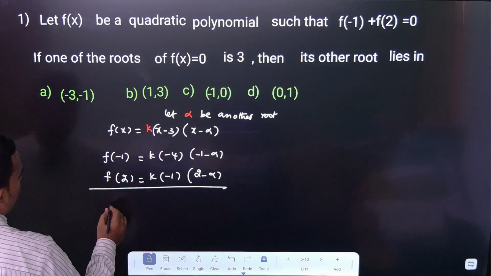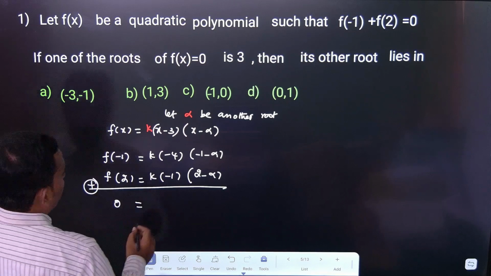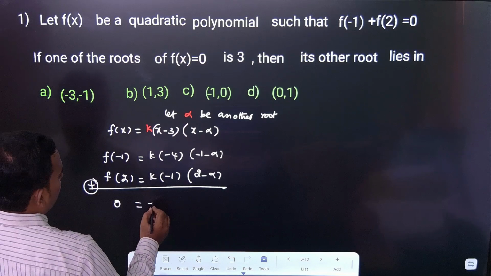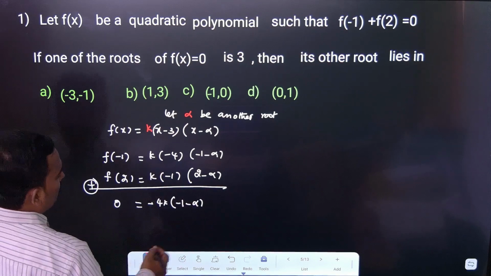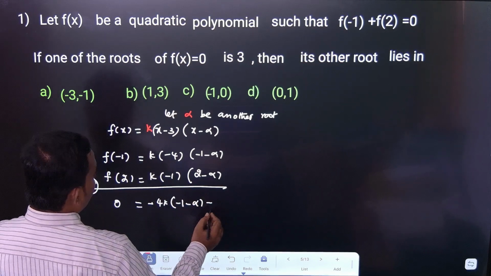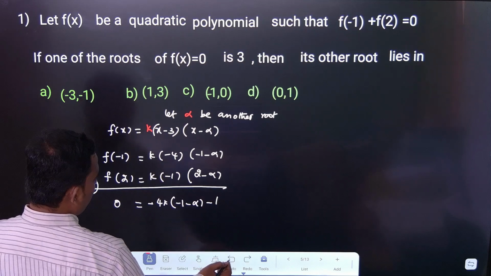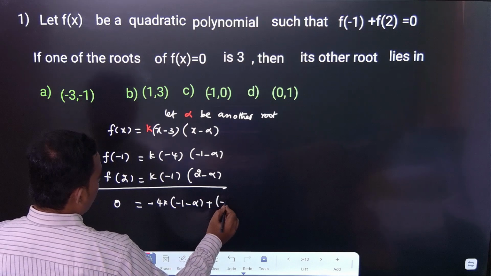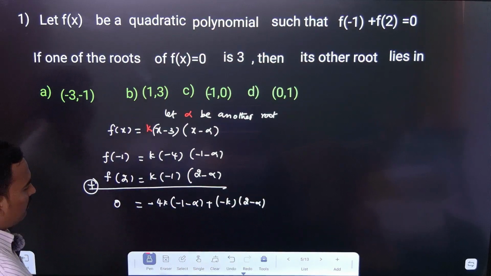If you add, this will be 0. So here it will be minus 4k into minus 1 minus alpha, minus k into 2 minus alpha, right?